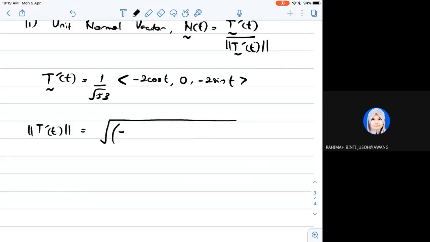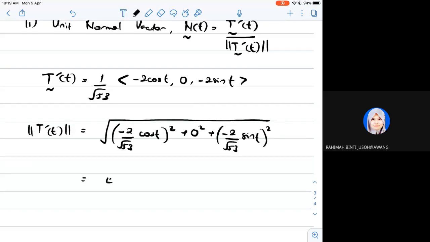So factor out, dah masuk dalam balik. So negative 2 over square root 53 cos t squared plus 0 squared plus negative 2 over square root 53 sin t squared, like this. Macam tu. So now we will have 2 squared is 4, so 4 over 53. Because square root of 53 squared, jadi hilang lah punca kuasa tu.